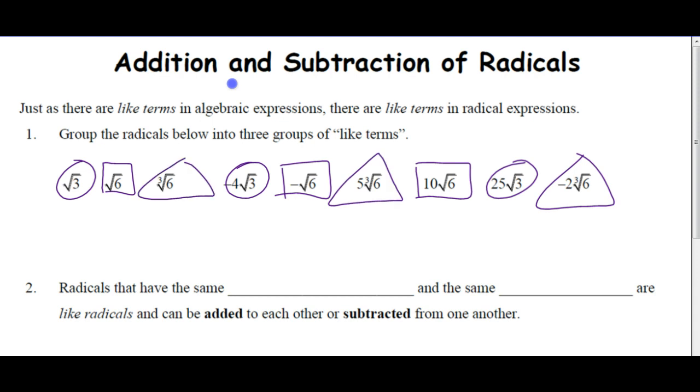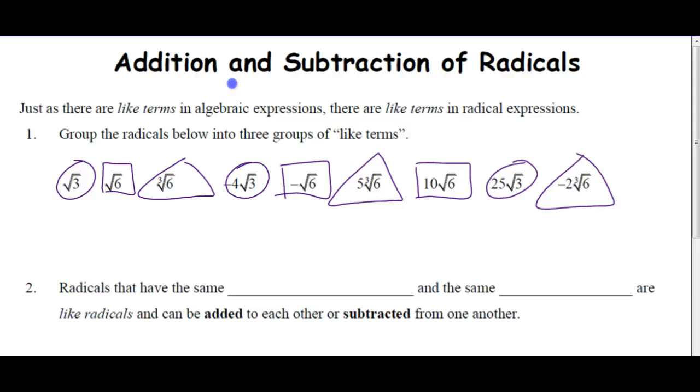So, radicals that have the same, what do we call this number, the little 3 there, what's the technical term? Index.